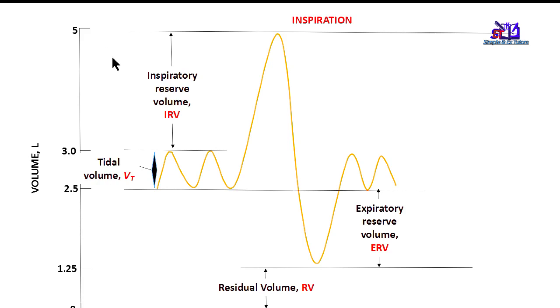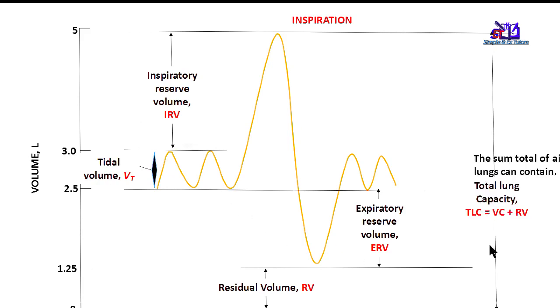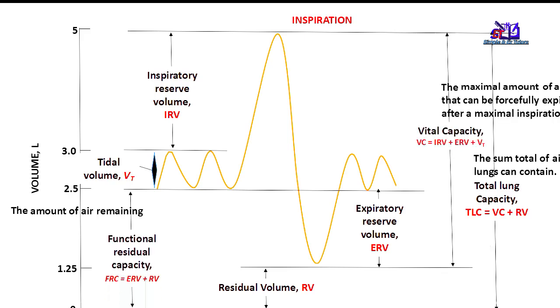They are the non-overlapping subdivisions, while the capacities are the combination of two or more lung volumes. The total lung capacity is the sum total of air the lung can contain. The maximal amount of air that can be forcefully expired after a maximal inspiration is called the vital capacity.